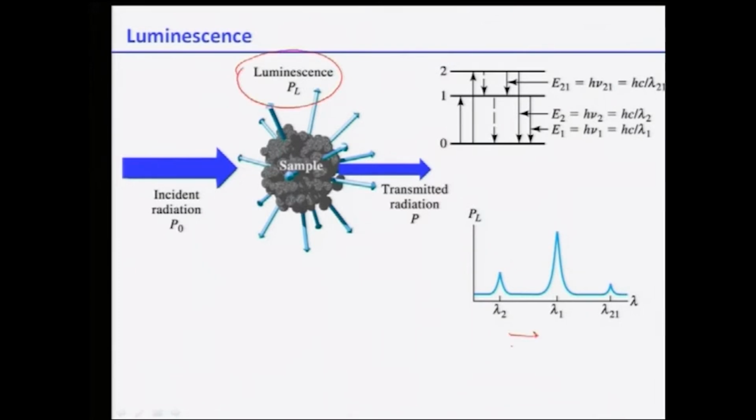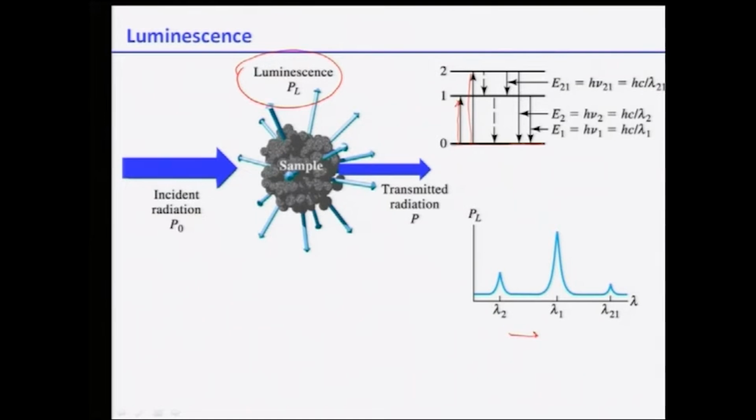So, I have discussed emission, I have discussed absorption, now I am discussing luminescence. In luminescence, again we can consider the sample at the beginning to be at ground state, and once you energize it, it can absorb energy and go to state 1 or state 2.